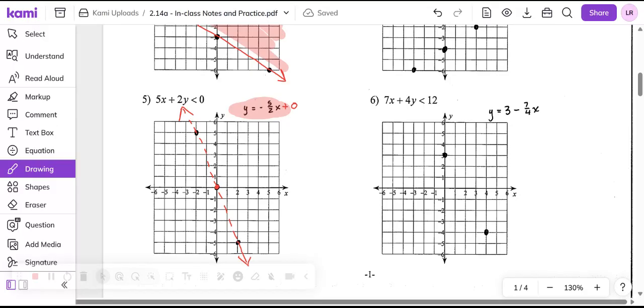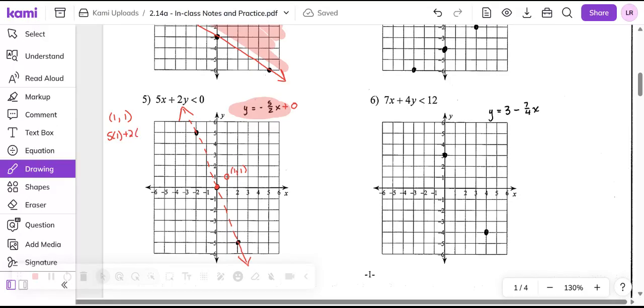Unfortunately, one of the data points on the line is (0, 0), so I can no longer use (0, 0). I have to use another value. I'm going to choose the data point (1, 1). You can choose any data point you want, that's just my decision. So I'm going to put 1 in for x.